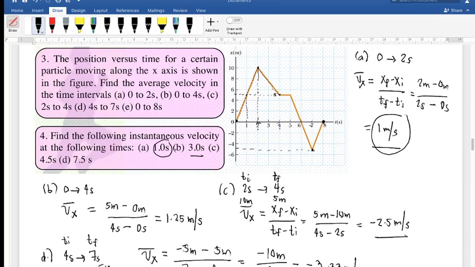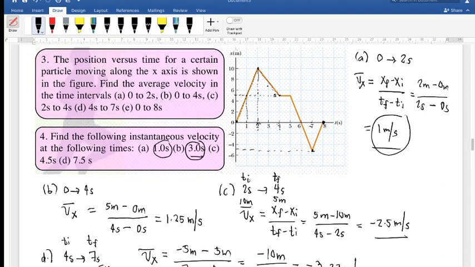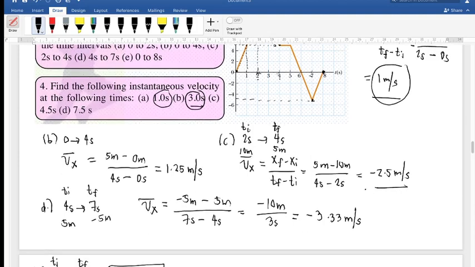So the instantaneous velocity at t is equal to 3 seconds kasi between si 2 at saka ni 4, tapos from 2 to 4, constant yung speed niya or yung velocity niya. So therefore, ang makukuha mo each time at that particular time is the same as if we get the average from 2 seconds to 4 seconds. Diba? So meaning, negative 2.5 din yung makukuha niya.